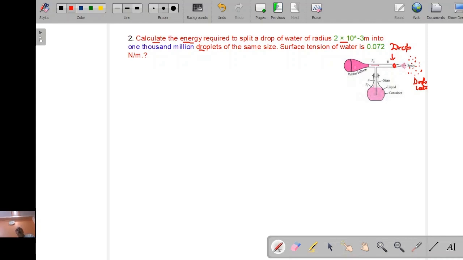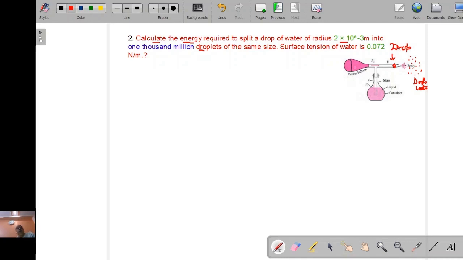Now what is happening here? The drop is sprayed into droplets, so we have to give some energy to make the droplets, and then we have to calculate that energy. The energy may be given by the rubber balloon here, or maybe a piston attached with the atomizer.